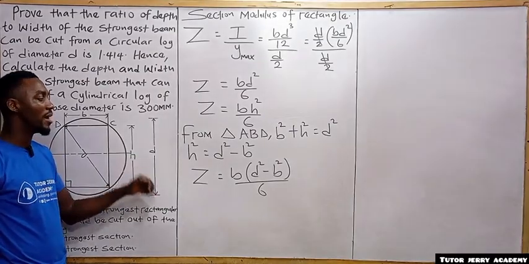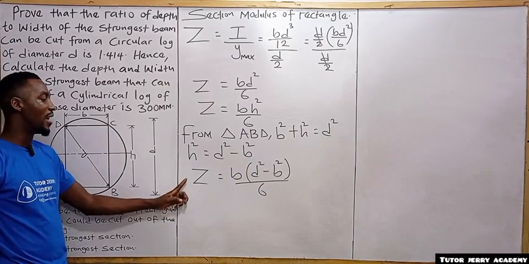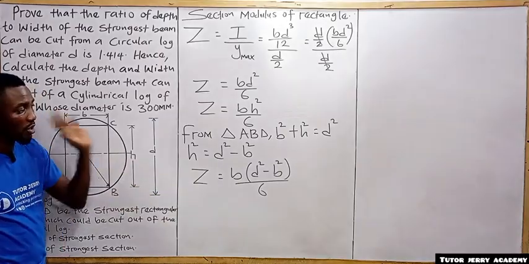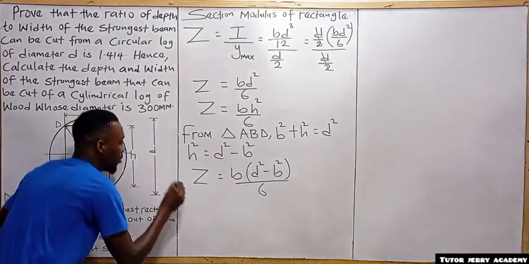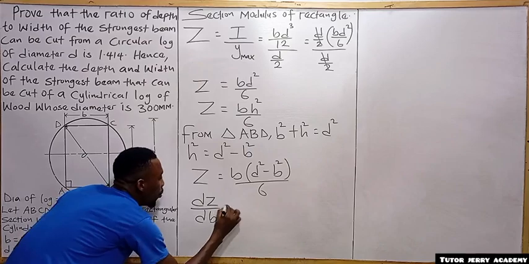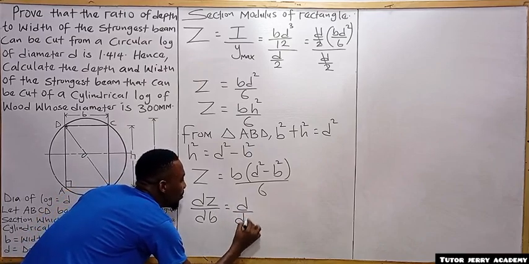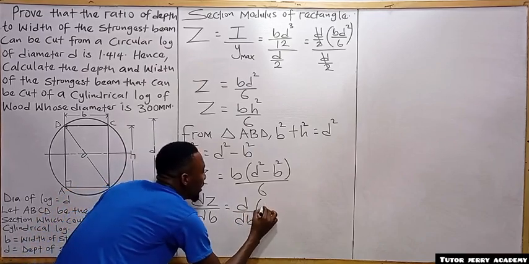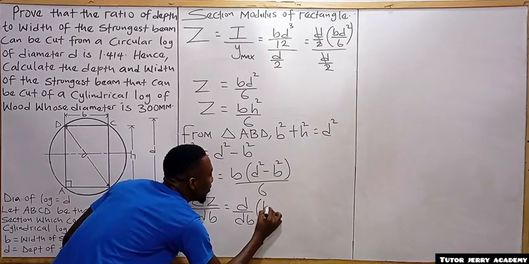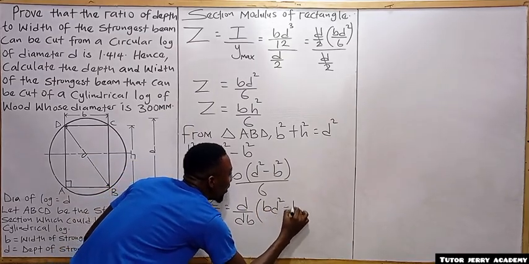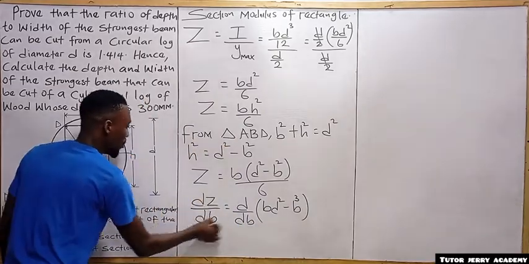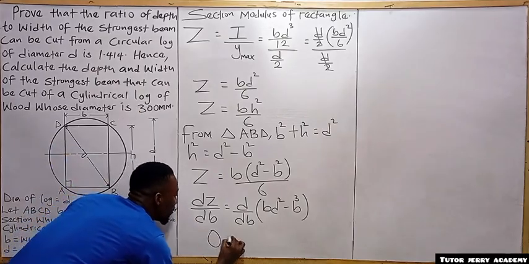For the section modulus to be maximum, we differentiate Z with respect to b and equate it to 0. So dZ/db equals d/db of (bd squared minus b cubed), like this, all over 6. This will be 0 because it is maximum.